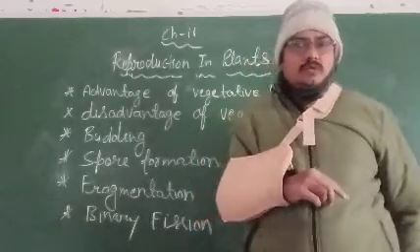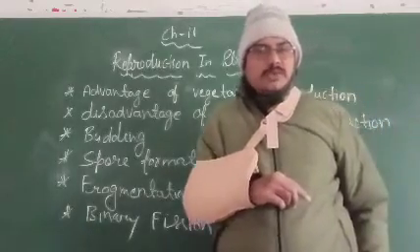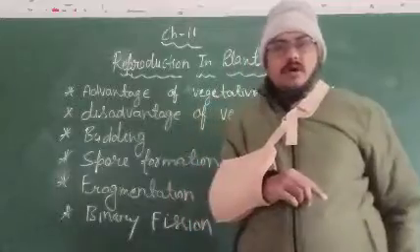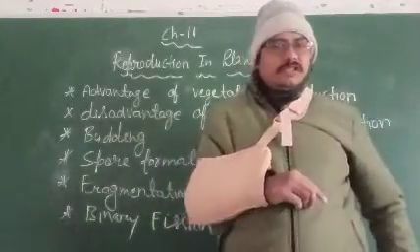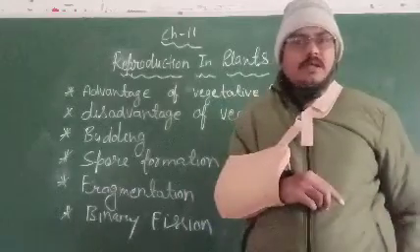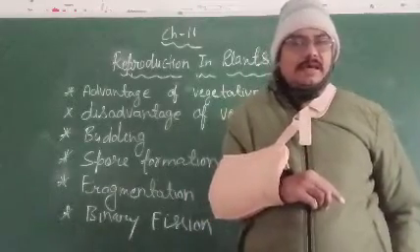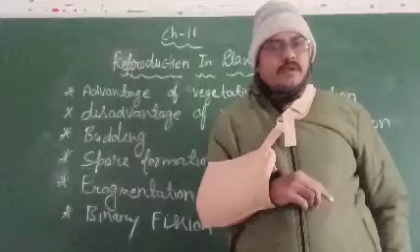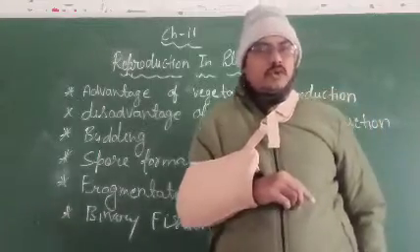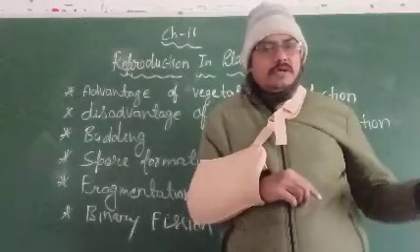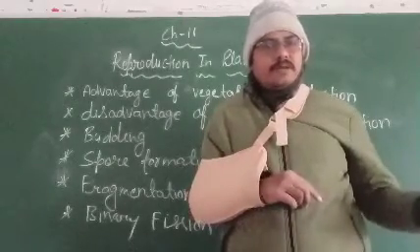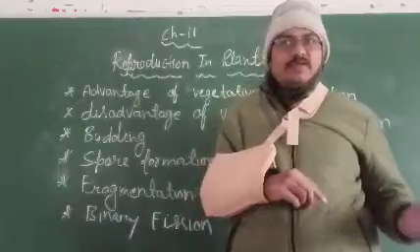The next advantage of vegetative reproduction is that the plant grown from its body part, when fully matured, will have nature, behavior, and properties the same as its mother plant.